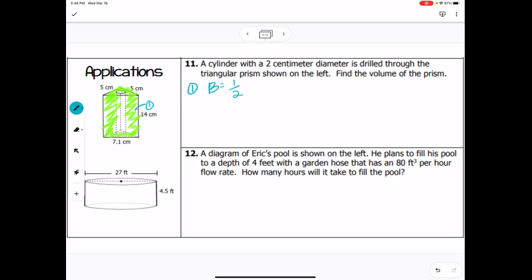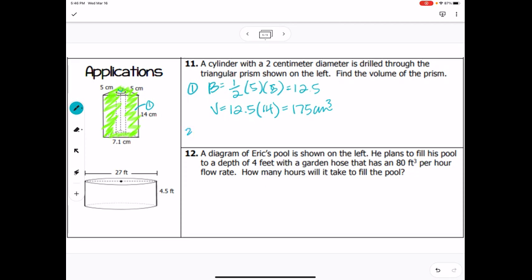Those are meeting at my right angle over here, my base times height. So 1/2 times 5 times 5. And that comes out to 12.5. All right, from there, I'm going to find my volume. So I'm going to take my base, 12.5, and multiply it by my height, 14. And that comes out to 175 centimeters cubed.